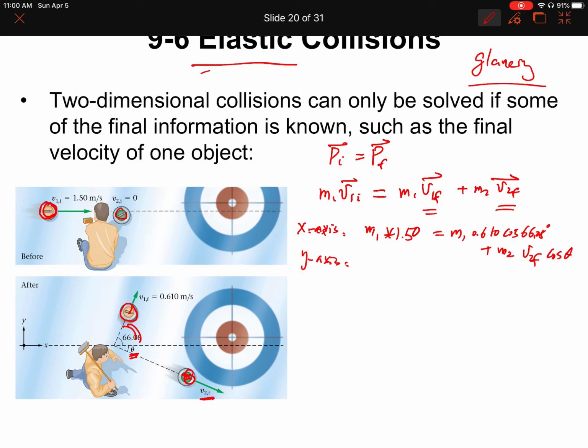And on the y-axis, initial momentum is 0, you don't have y components.